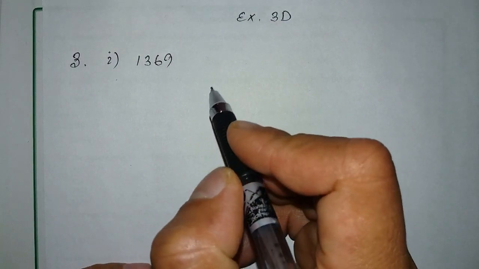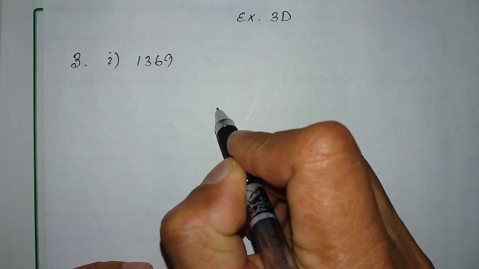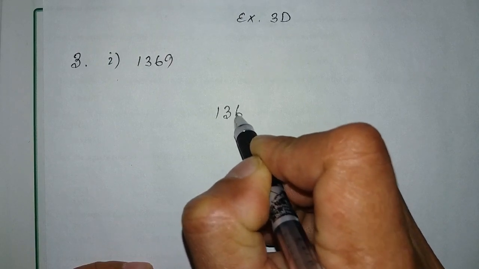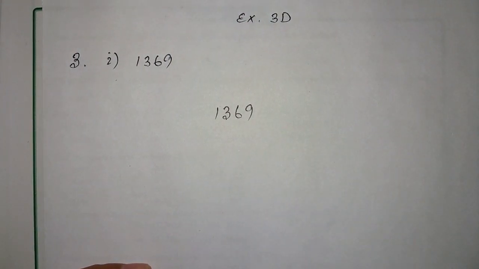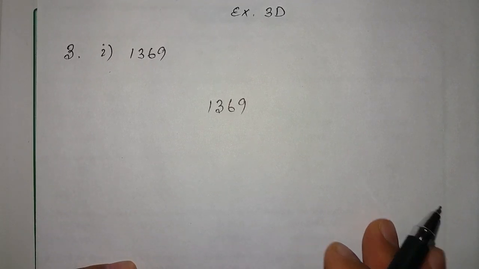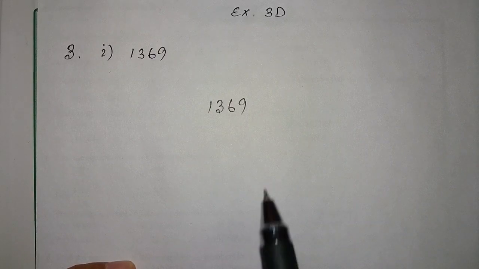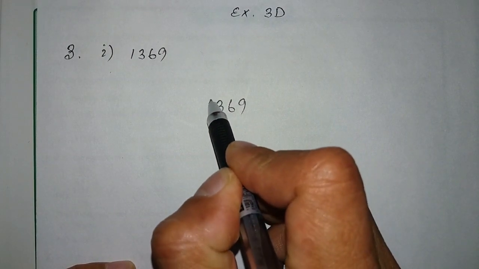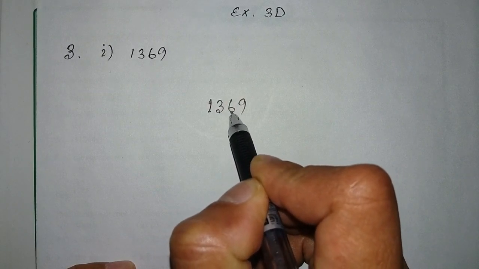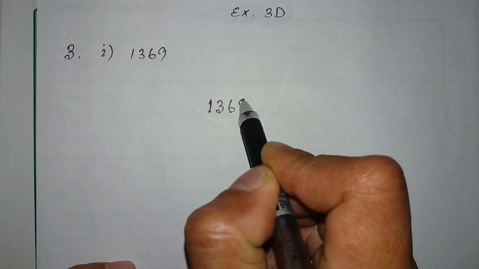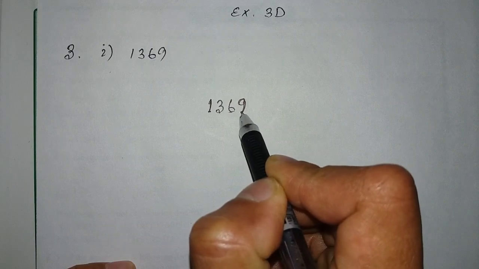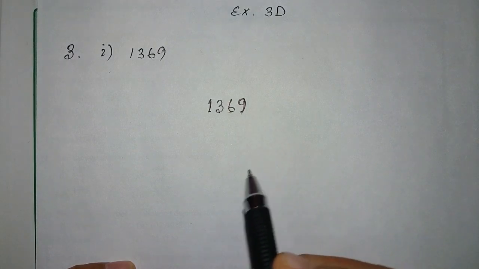Now in this method, the first thing you have to do is pair up the digits in the number. Here we have 4 digits. The digit 9 is the last digit, the digit in the ones place.